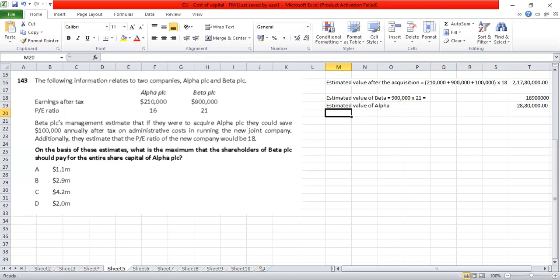Did we do it correctly? The answer is not exactly that. Yes, ma'am, they have rounded off the figure. That's 2.9 million. Okay, okay.